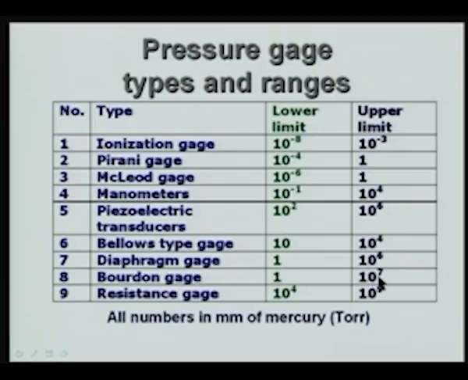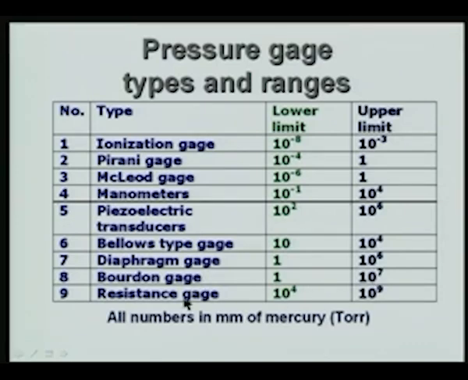If you remember, 760 millimeters is 1 atmosphere. So, if I take 10 to the power of 3 as roughly 1 atmosphere, this is 10 to the power of 4 atmospheres. So, already we are talking about very large pressures. In fact, you can see here that bellows type can go up to 10 to the power of 4, which is about 10 atmospheres. This is about 100 atmospheres. This is 10 to the power of 7, another, so 1000 atmospheres.